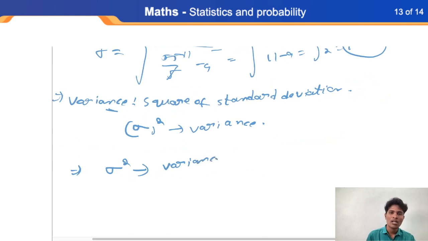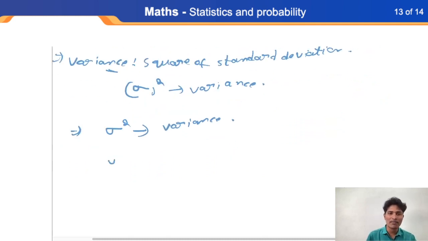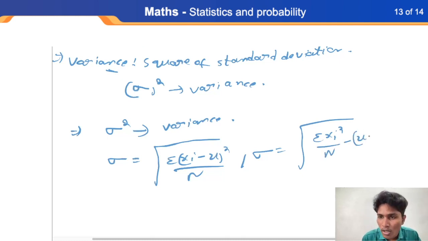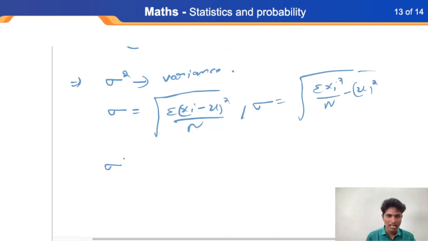I already discussed the formula for sigma. Sigma is the square root of sigma xi minus nu whole square divided by n. This is one formula, and the other formula I discussed is sigma equal to root of sigma xi square by n minus nu whole square. So now what is variance? That is sigma square.